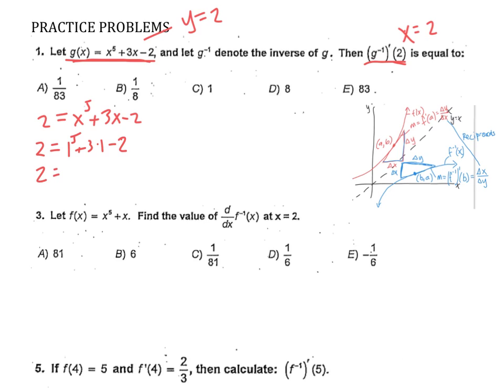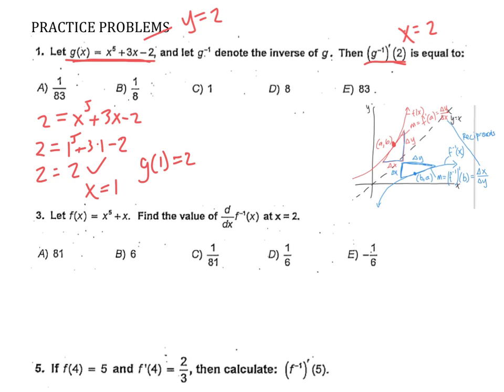So you get 2 is equal to 1 plus 3, which is 4, minus 2. So 4 minus 2 gives you 2, and this is a true statement. So x does equal 1 on my function. Okay, so on my function, I have the point g of 1 is equal to 2, and that's what this point is right here.